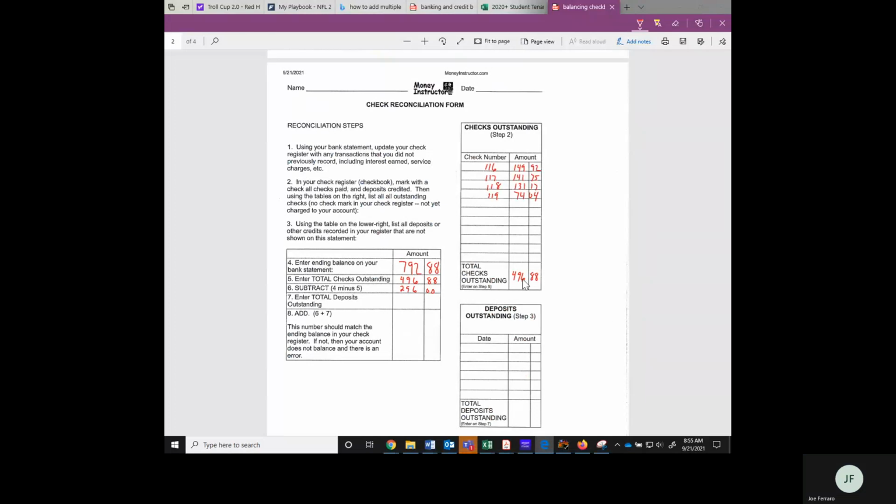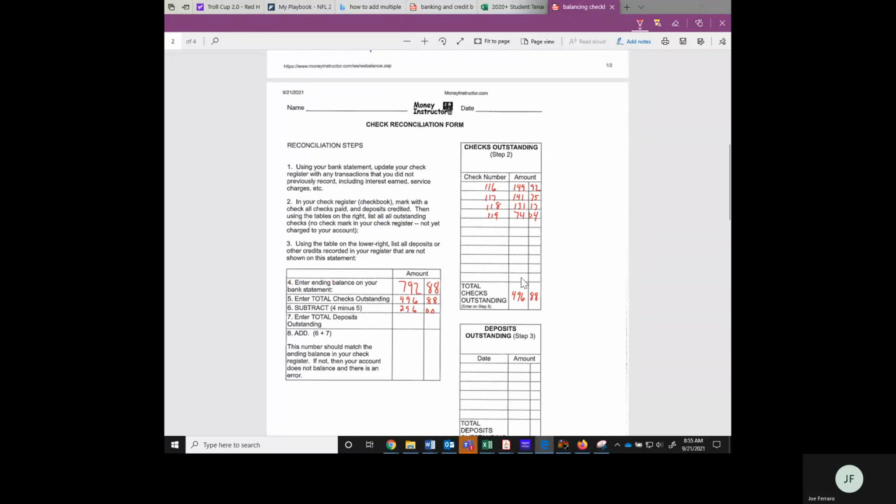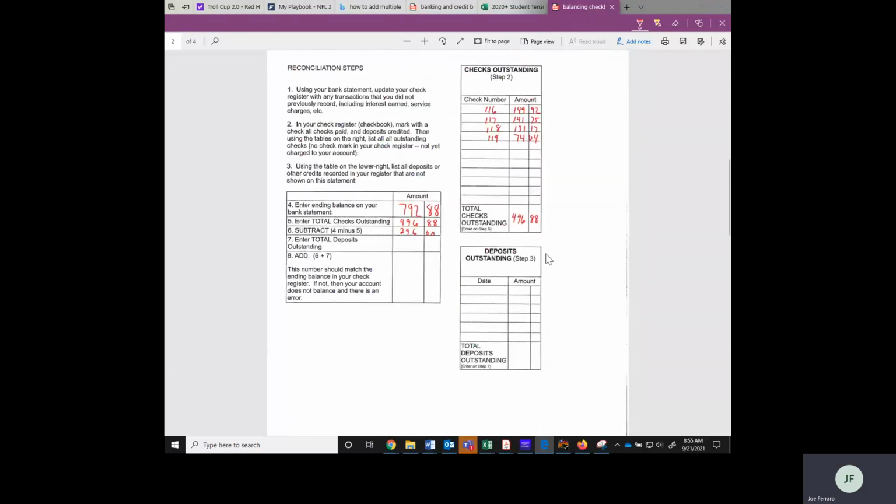If we look, there was just the one for 193.22, and that was on the 24th, January 24th. I guess you really don't have to write this down here, but if there was more than one, you'd add them up and write the total down here. So we're going to enter that in here.